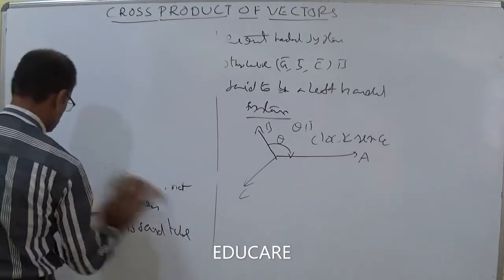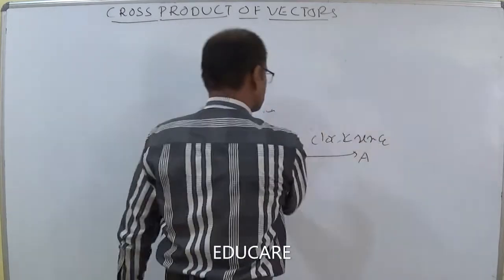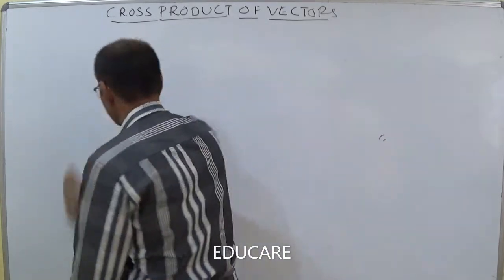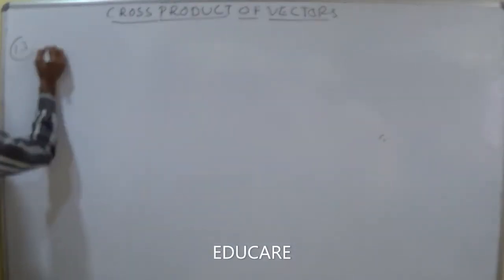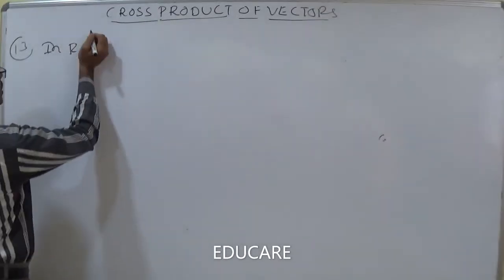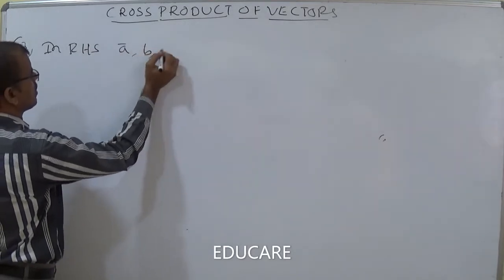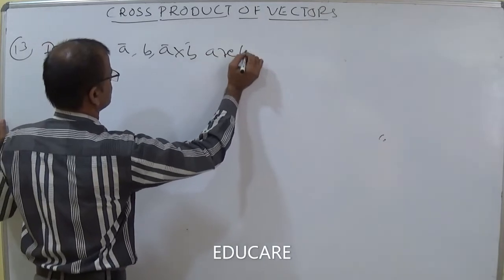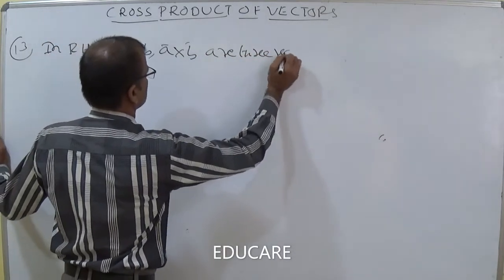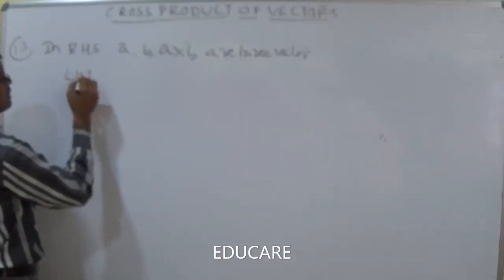So using this one, until now we discussed the vector perpendicular to both. In a right-handed system, A, B, A cross B are three vectors. In RHS, what is A cross B?